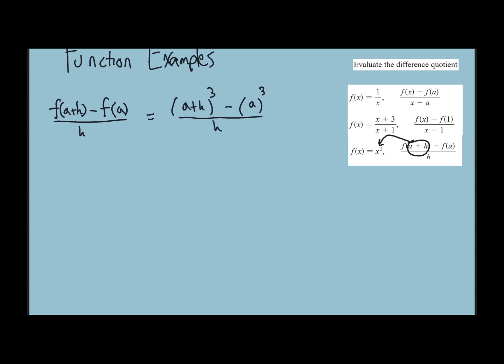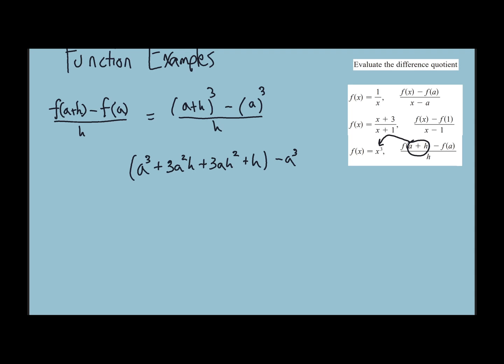What do we get? Well, you need to use Pascal's triangle, but you're going to find that it's a cubed plus 3a squared h plus 3ah squared plus h cubed, minus a cubed is still there. And we'll do the denominator in a second, but certainly these cancel out.